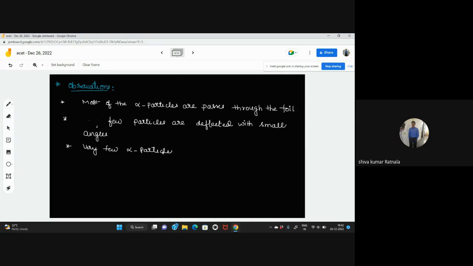Generally, alpha particles are positively charged particles. Very few alpha particles are bounced back with 180 degrees of angle.